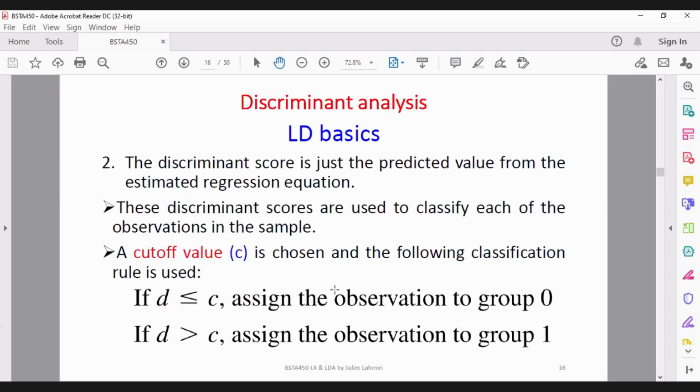Now to use D, we need to define a kind of cutoff. The cutoff is by default set to 0.5. So if D is less than or equal to the cutoff, and the cutoff is the variable C, then you assign the observation to group 0. If D is larger than C, then you assign the observation to group 1.